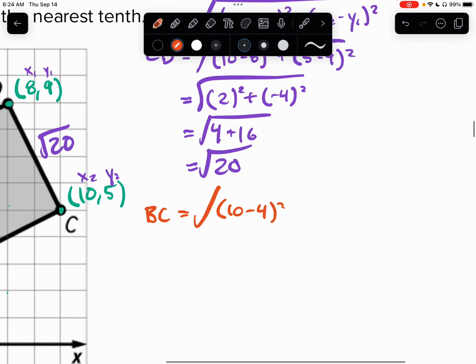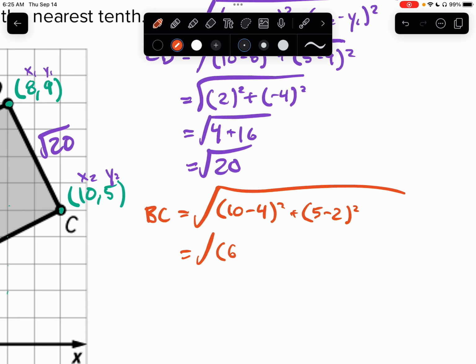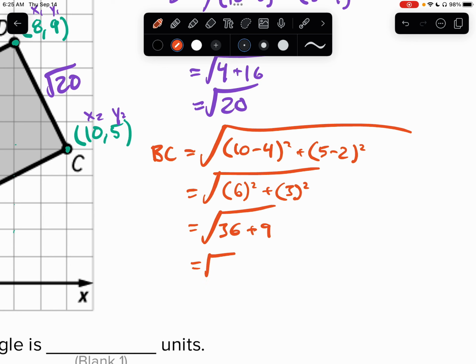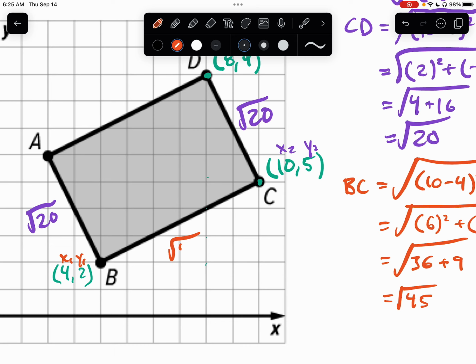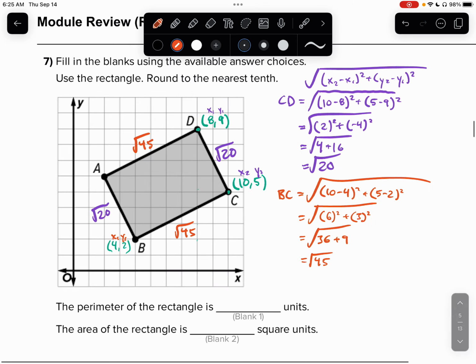Y2 minus y1, so 5 minus 2 squared. Let's see, 10 minus 4 is 6. 5 minus 2 is 3. 6 squared is 36. 3 squared is 9. And 36 plus 9 is 45. All right, so this is square root of 45.